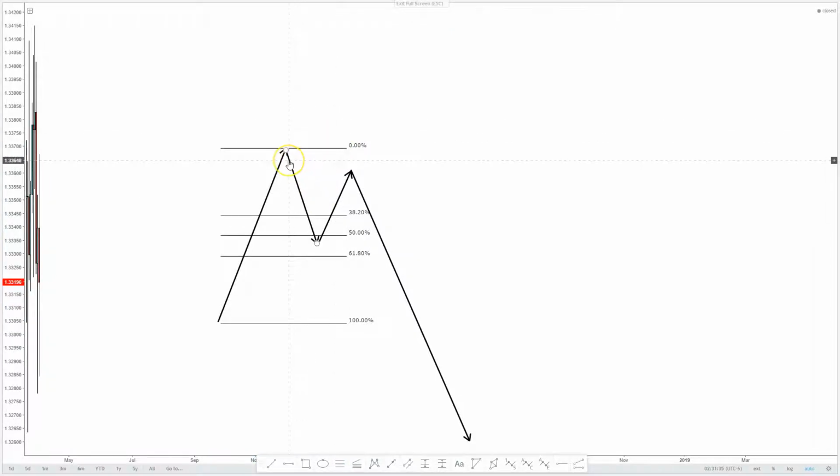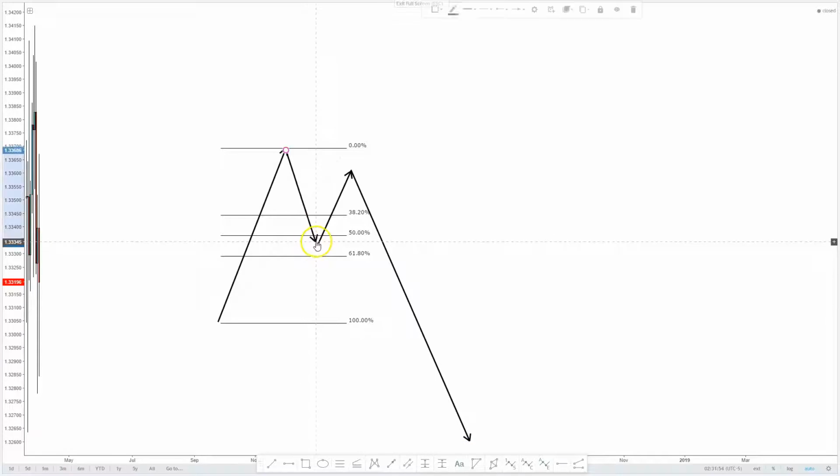The regular crab pattern is the B point can fall between the 38.2 all the way to the 618. What's really more important than this B point is the extension, which is what we're going to be measuring.